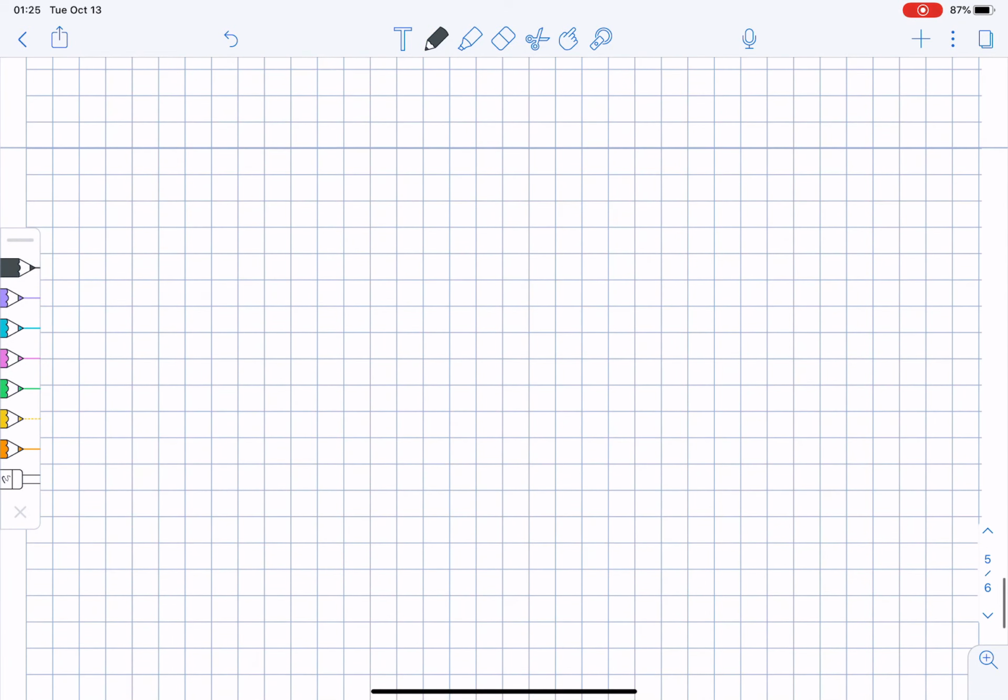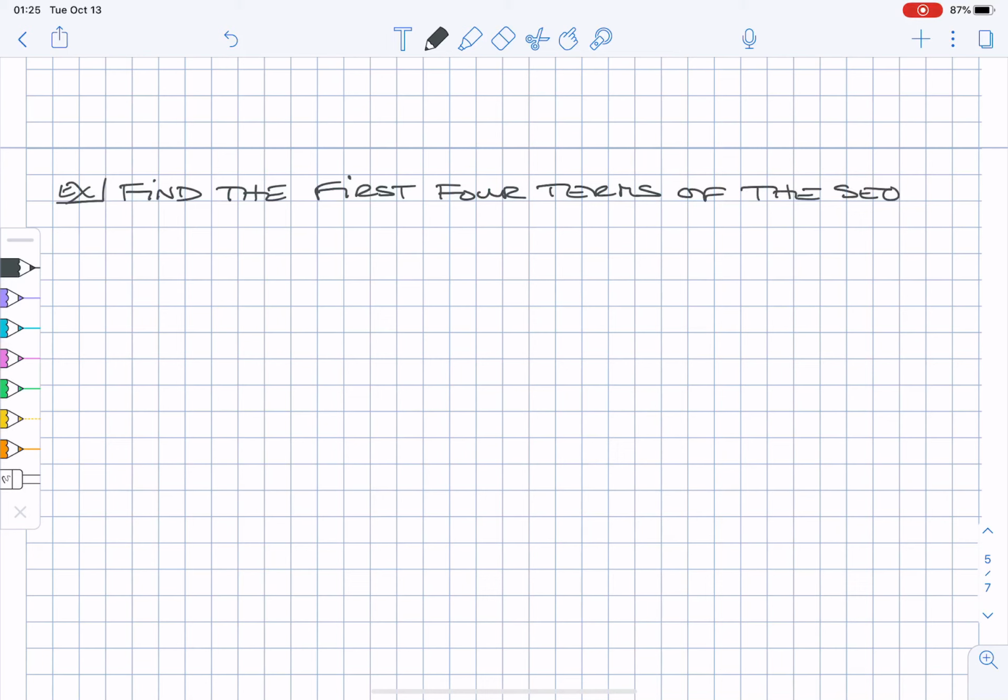So as a last example, find the first 4 terms of the sequence that's a sub n, is given as the quantity 1 plus root 5 all to the n, minus the quantity 1 minus the square root of 5 all to the n, divided by 2 root 5.